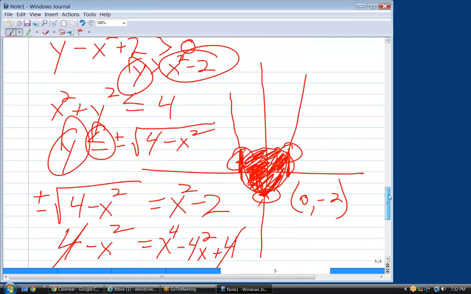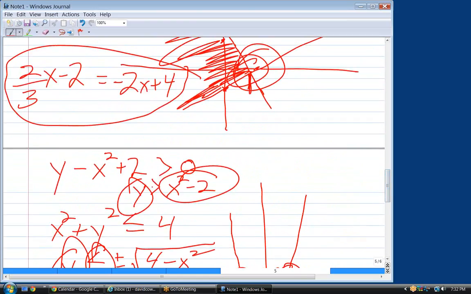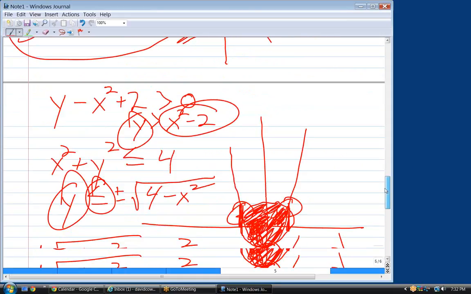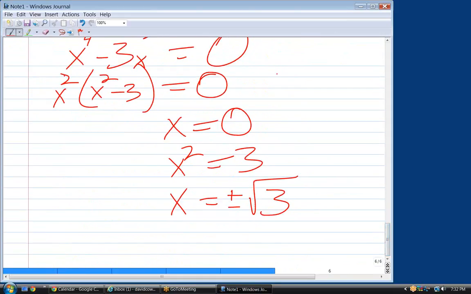And then I could come up with the equivalent y values. y equals x squared minus 2. Well, when x is 0, y equals minus 2.